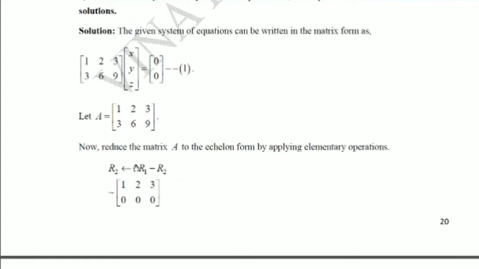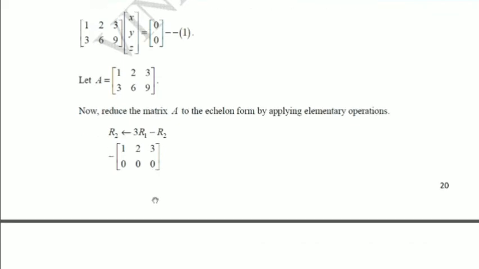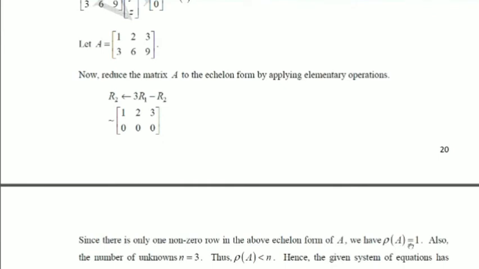Then 3 into 3, 9, minus the corresponding entry 9, is 0. So only this much we have to do. So this is an echelon matrix of matrix A. Now how many non-zero rows are there? Only one non-zero row. So the rank of the given matrix is 1.